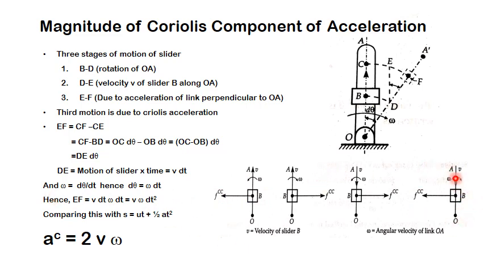Similarly, if all are acting in negative direction, I mean the velocity of the slider is downward, that is negative, and clockwise, that is also negative, then also the Coriolis component acts in negative x direction only. But in the other condition, where the angular velocity and the linear velocity of the slider have different signs, then it will be acting in positive x direction. So this is how we provide sign convention for Coriolis component of acceleration.